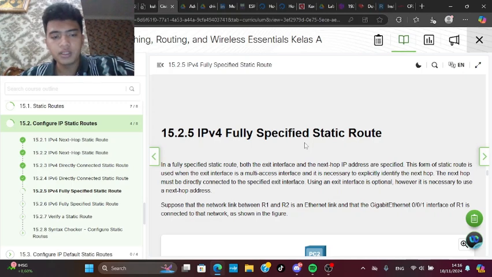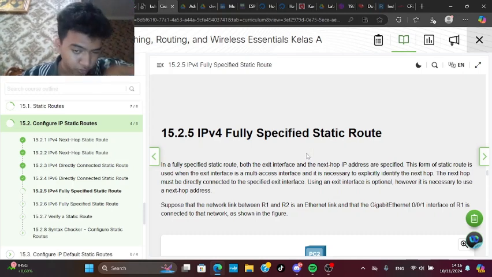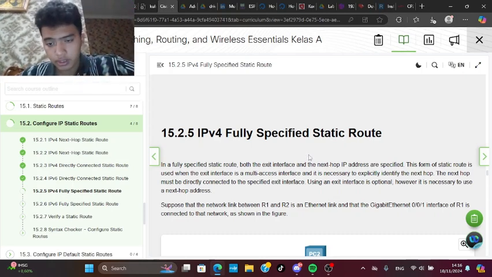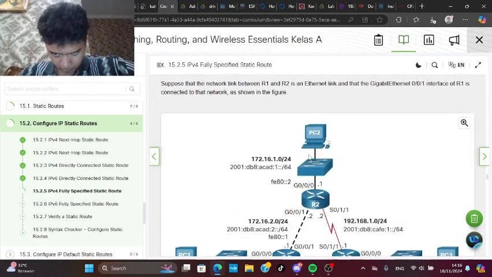The next hop must be directly connected to the specified exit interface. Suppose that the network link between router 1 and router 2 is an Ethernet link, and the GigabitEthernet 0/0/1 interface of router 1 is connected to that network as shown in the figure.